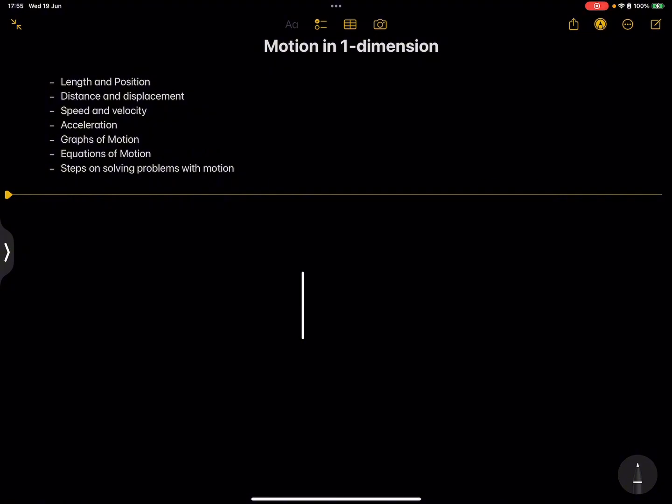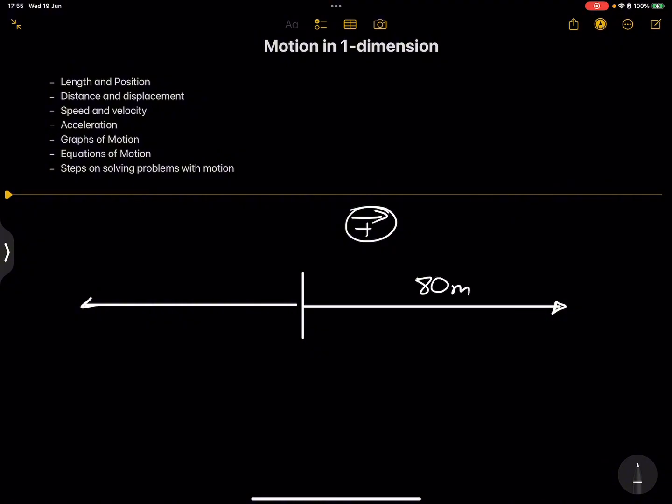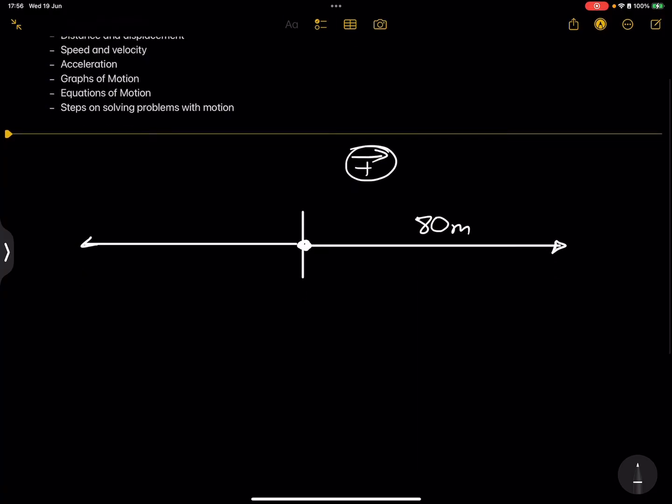So when we measure length, we can either take a direction, let's say towards the right, or we can take a direction to the left from our frame of reference. Now, let's consider going to the right would be a positive direction. So I can actually move a length, let's say 80 meters to the right from my frame of reference. This is what we refer to as distance, isn't it?